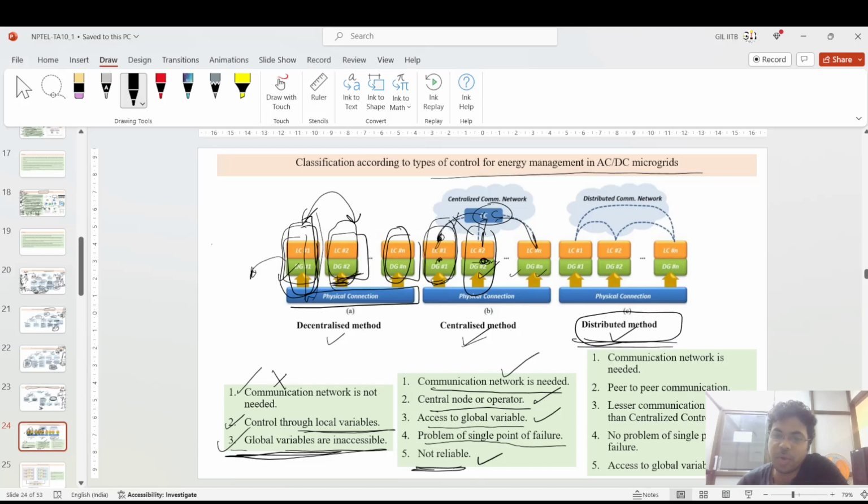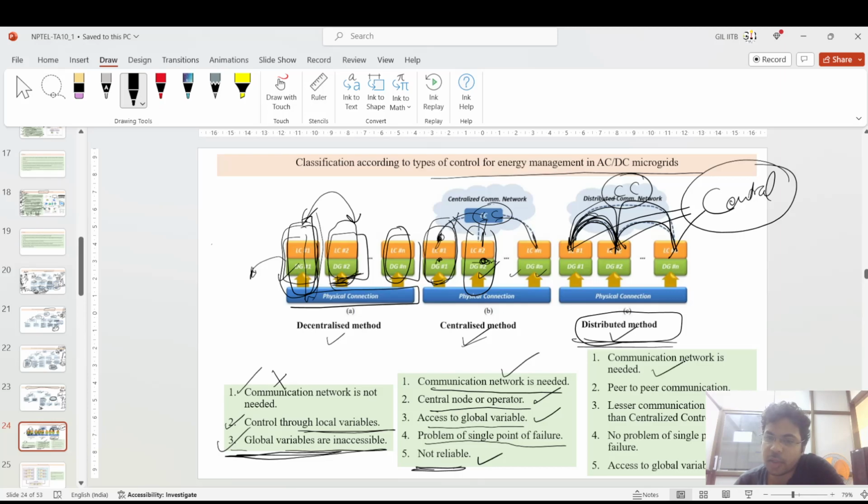Okay, so what we have done is a distributed method. In the distributed method, you see that there is central communication between all the systems, and distributed communication is also there. It means that DG1, DG2, DG3 can communicate through the central controller, and DG1 and DG2 can also participate in the control by themselves, in between as well.